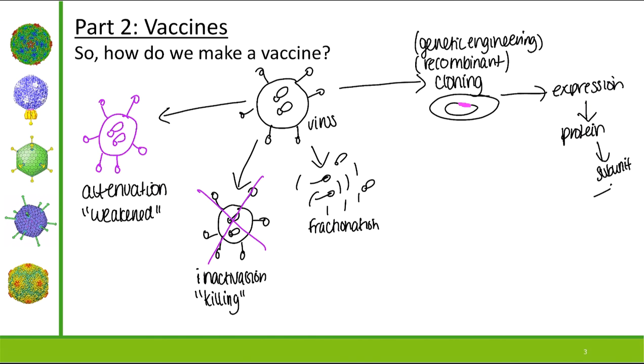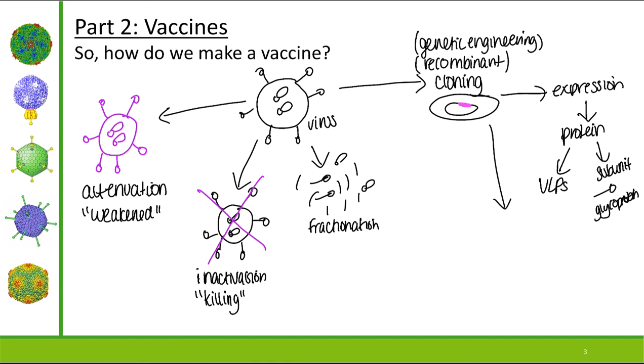Maybe we make the glycoprotein, and instead of working with the entire virus, we might never have grown the virus in the lab, but because we know the sequence, we can go ahead and do cloning, and maybe we can make a glycoprotein that can be used as a vaccine. We'll also talk about VLPs, or virus-like particles. These are proteins, usually the capsid, that are expressed and self-assemble, so we'll talk about that.